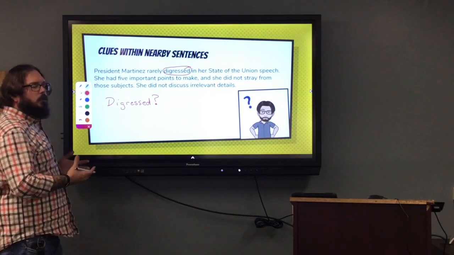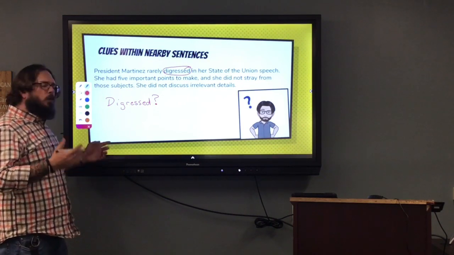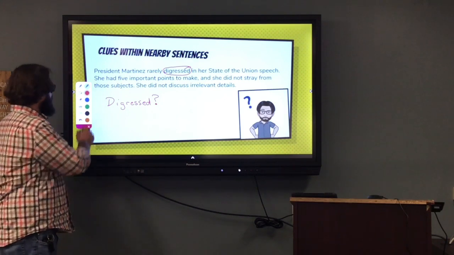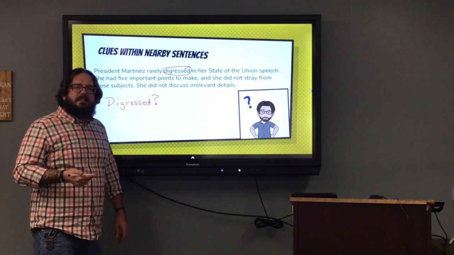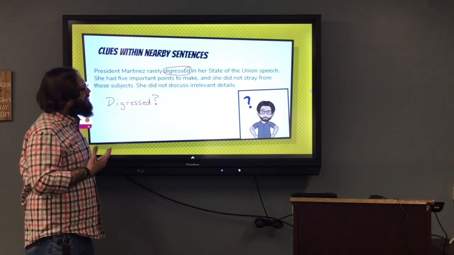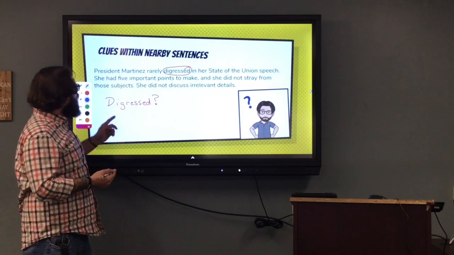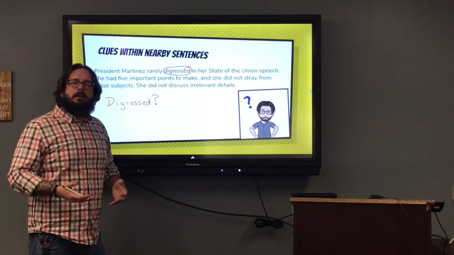We're going to look at some clues in the passage and see if it points us in the right direction of determining its meaning. We find our first clue in the next sentence when it says that she did not stray from those subjects. So it's referring to the subjects of the 5 important points that she needed to make.